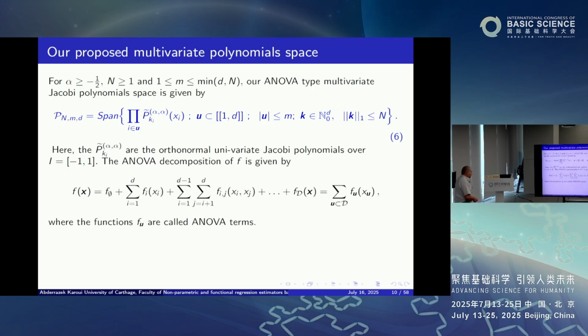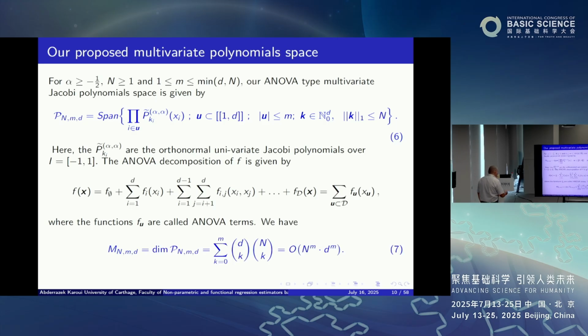We are combining the use of this space with the ANOVA decomposition structure of a multivariate function. What's interesting is that we know the dimension of our space on which we are going to project is of order n to the power m times d to the power m.